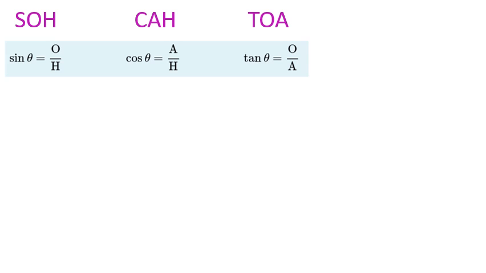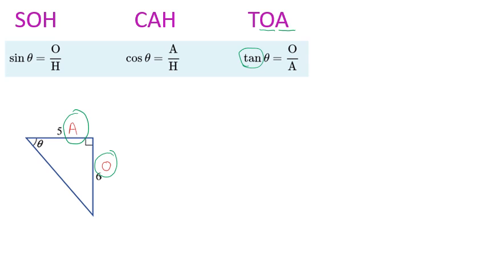Let's have a go with SO, CA, TOA, which means sine, cos, and tan. So this triangle here already has its given sides labelled. So we've got an O and an A. Which of these has an O and an A in it? SO doesn't, CA doesn't, but TOA has an O and an A. So that means that this triangle here is tan.